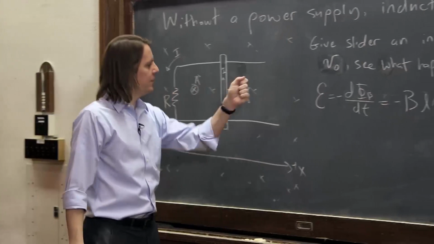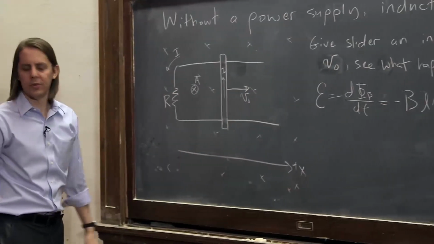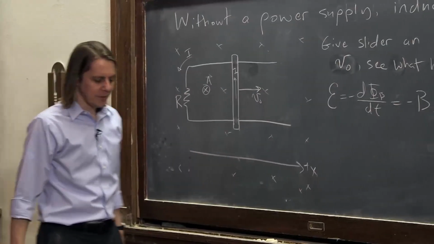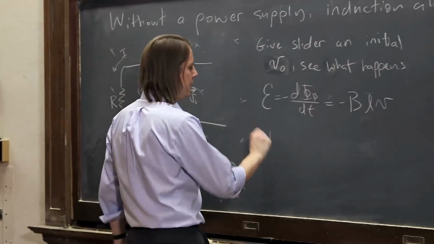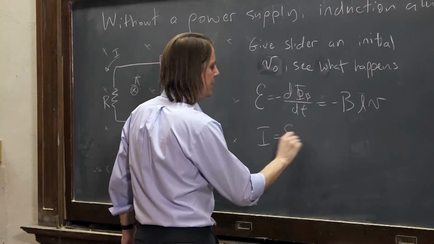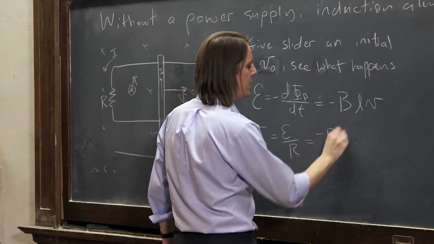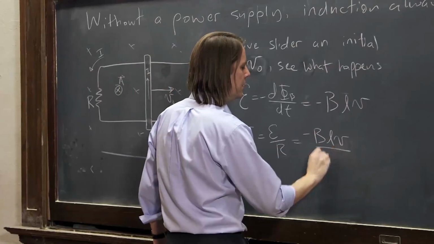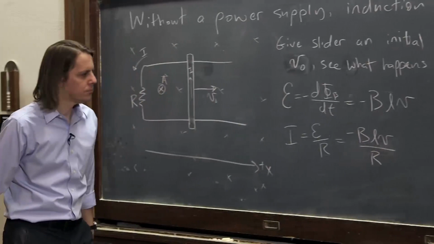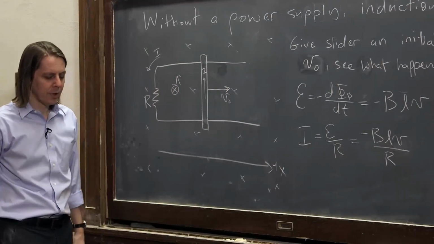So when you give it initial velocity, current flows, just like we talked about last time. The current, I, is the EMF over R, so it's basically minus BLV over R. So there's our current.